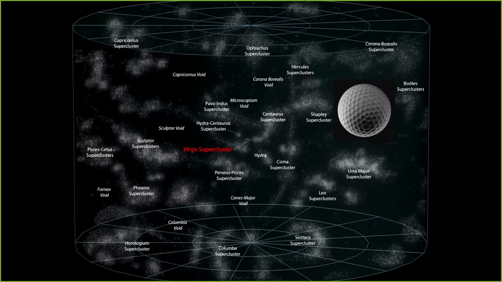Again, reminding you that what we're looking at is effectively an imprint of the various dimples that were in the original cosmic golf ball, and then that led to variations in the cosmic microwave background. That's why we end up with galaxies here but no galaxies there, and a supercluster here but a void over here. It's simply the pattern that was made by the dimples, the variations in density that originally occurred in the cosmic golf ball that eventually gets imprinted as to how the galaxies look in our neighbourhood.